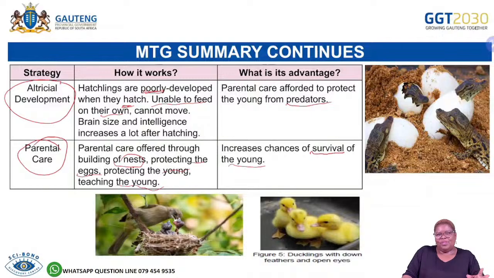Just throw them in the dustbins, or just ignore them, avoid them, and not help them. Chances of the survival are so slim. So the advantage of parental care, it increases chances of survival of the young ones.